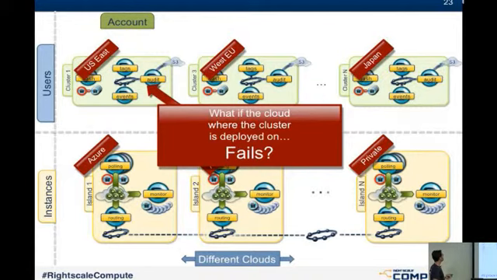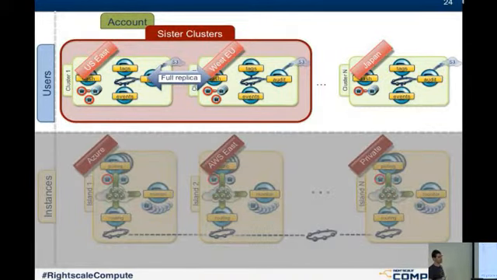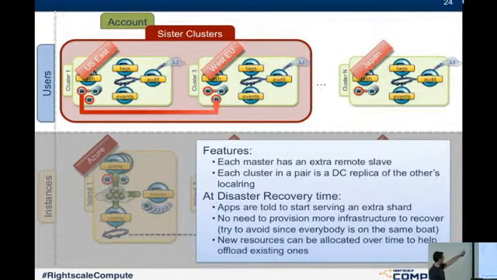Except that we have a DR strategy. The DR strategy is basically pairing two clusters. It's a well-known pairing. Cluster 1 and cluster 3 will be paired. And because we pair them, we're going to replicate all the data that we have from one to another, both from the MySQL perspective and from the Cassandra perspective.